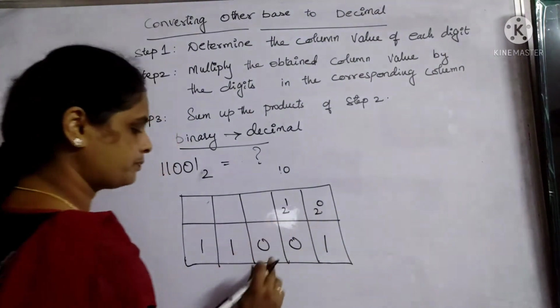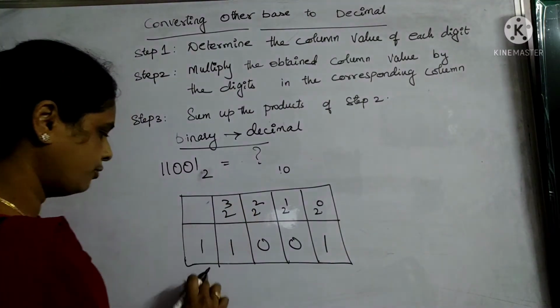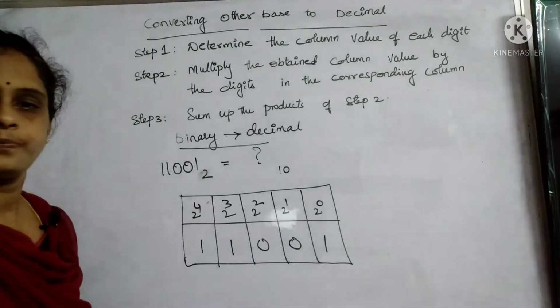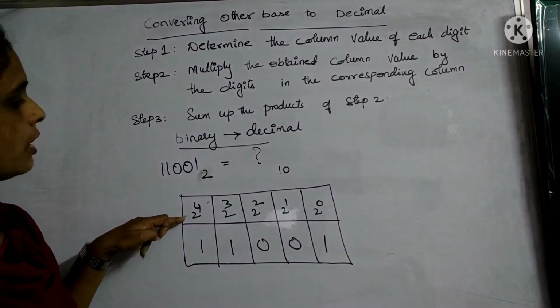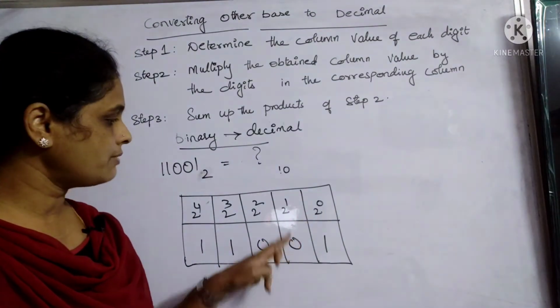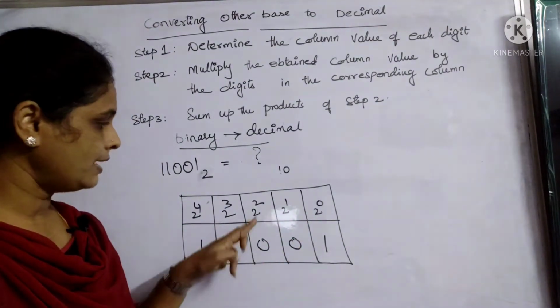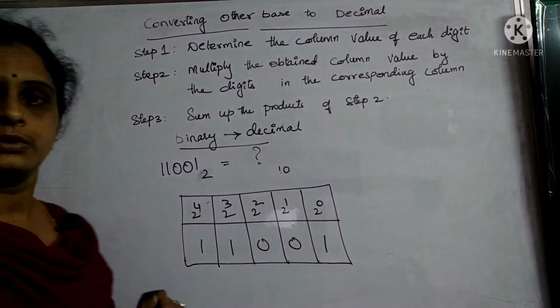So, 2 power 1, 2. So, 2 power 2, 3. So, 2 power 3, 4. So, 2 power 4. Simple. Okay, so we found these column values. The first column value is 2 power 0, the next is 2 power 1, then 2 power 2 and so on, starting from right to left.